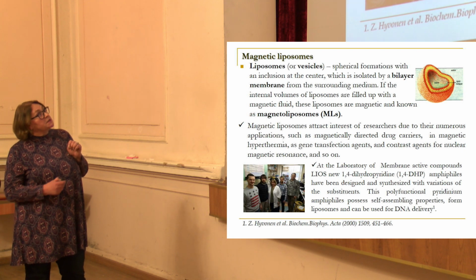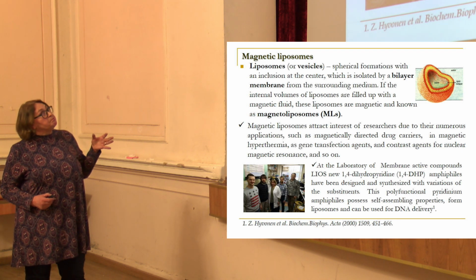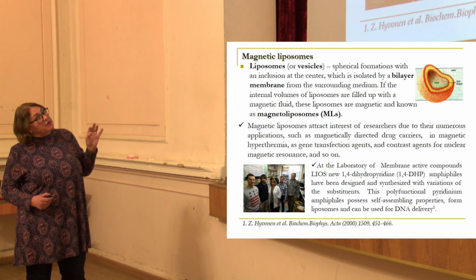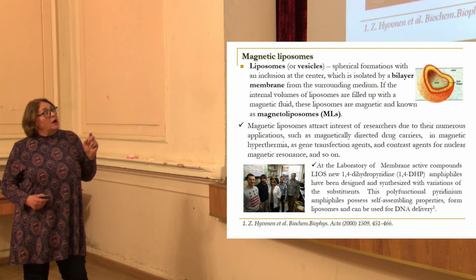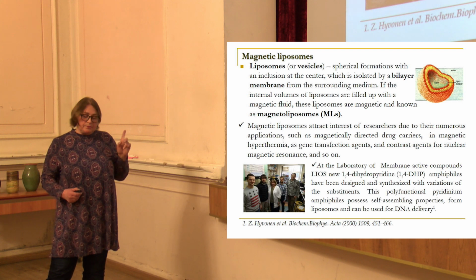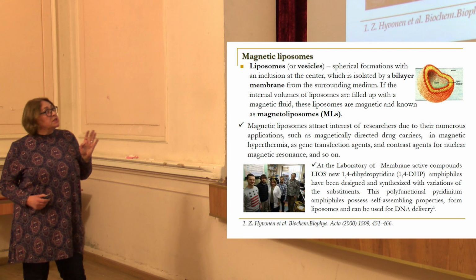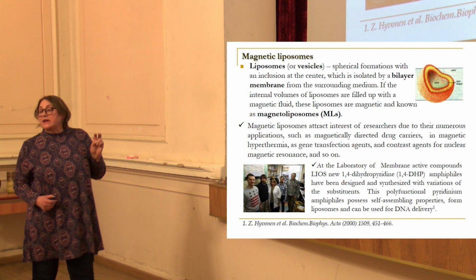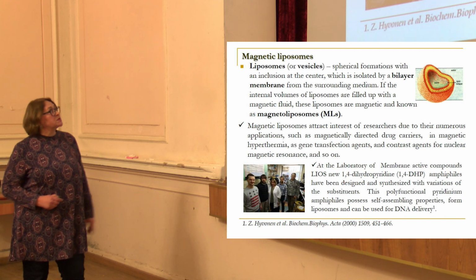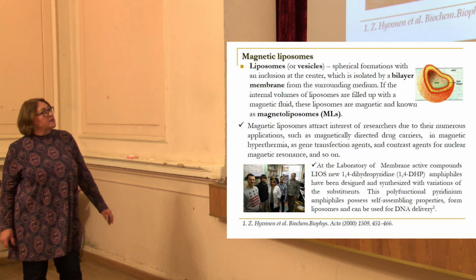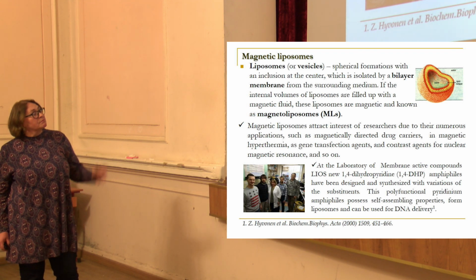If this internal volume is filled with magnetic liquid, we have magnetic liposomes. For liposome forming agents, lipid-like compounds were used, which were synthesized in the laboratory I talked about, where I did my first synthesis.